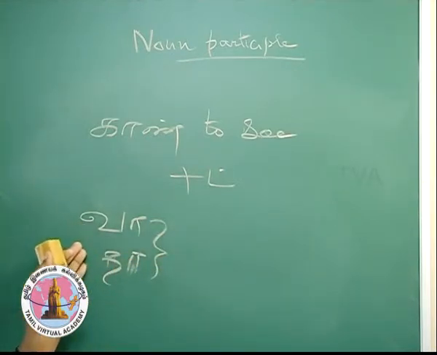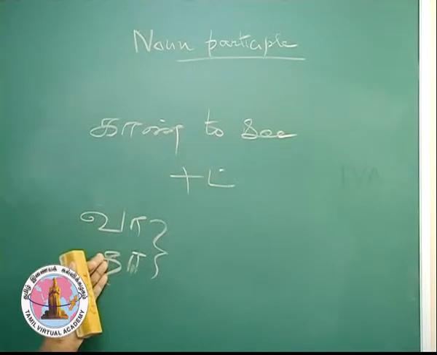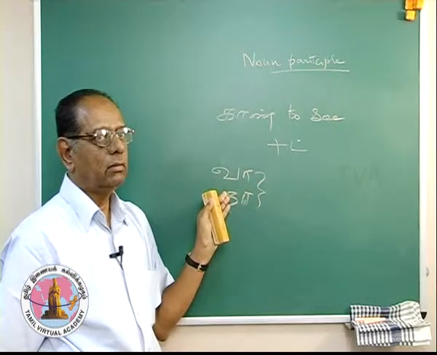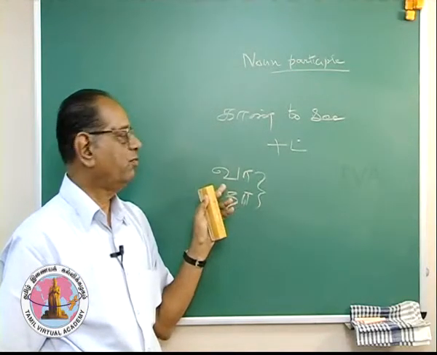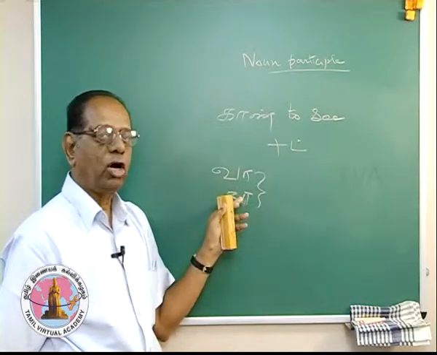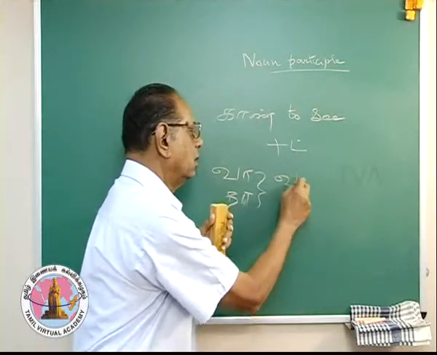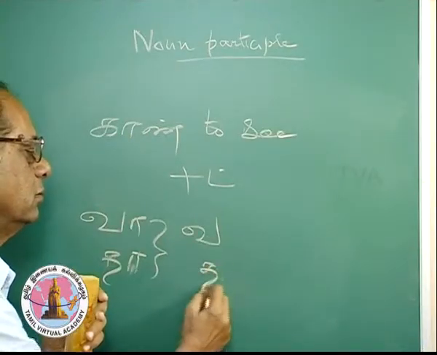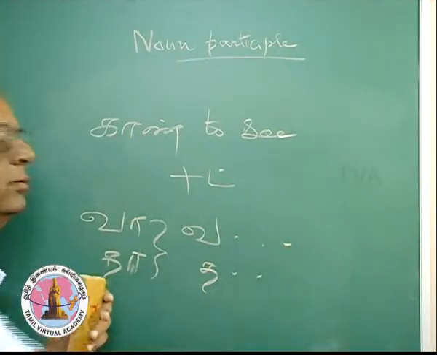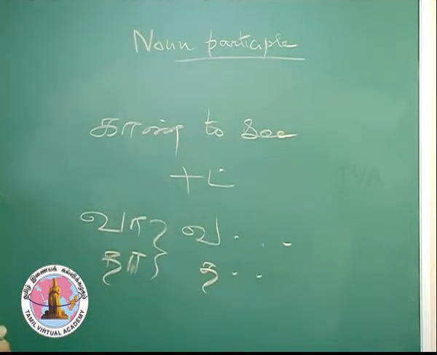These two verbs, va and ta, first of all get shortened and then accept the tense markers.